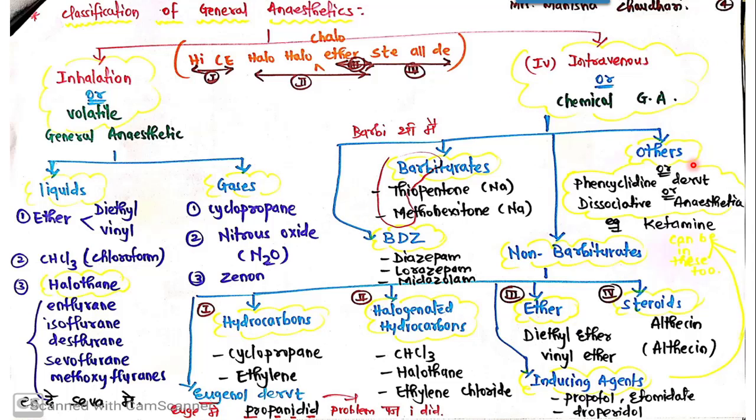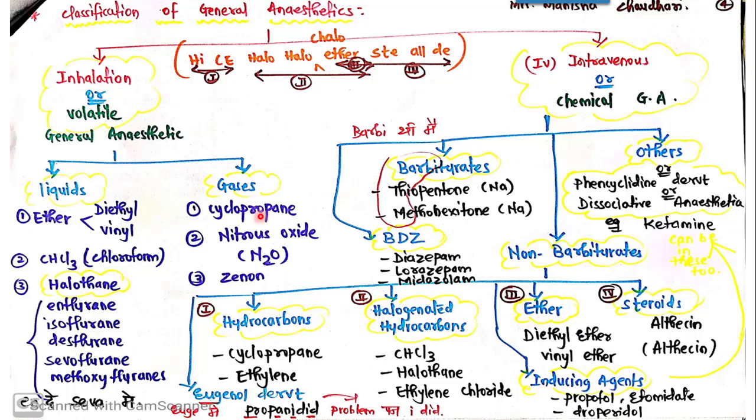And if the question asks to classify general anesthetics based on route of administration, you are supposed to write both classes. Now the inhalation route, given by inhalation and volatile in nature, is further subdivided into 2 classes, which are very simple. The regular examples are there, so you can easily remember, no need of a trick. They are liquids and gases. As the name suggests, liquids are liquid in nature.